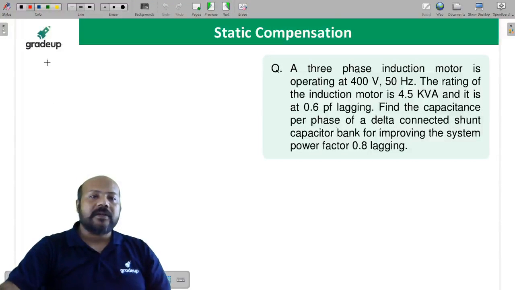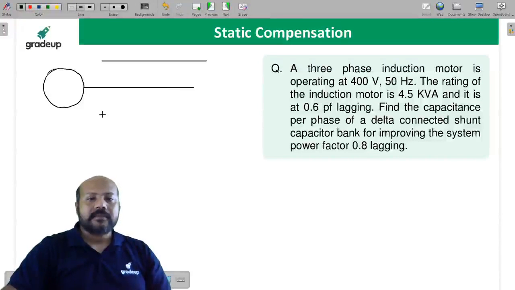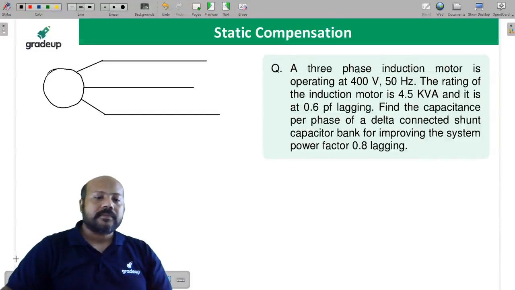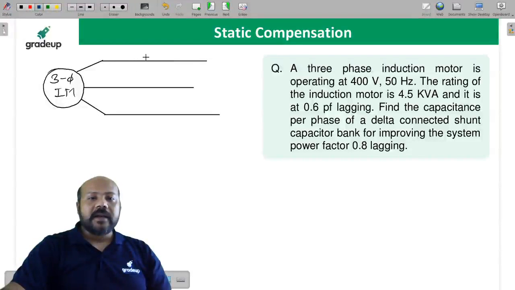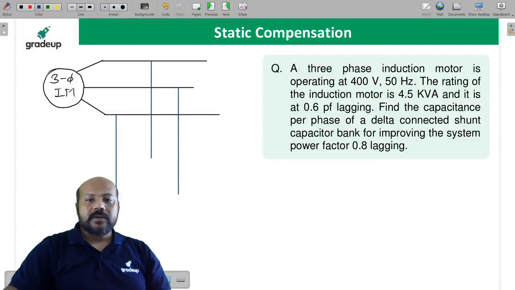Let me just give you the figure for this particular question. Suppose this is the three-phase induction motor, and you are using a delta connected shunt capacitor bank to improve the power factor, and it is going to be something like this.